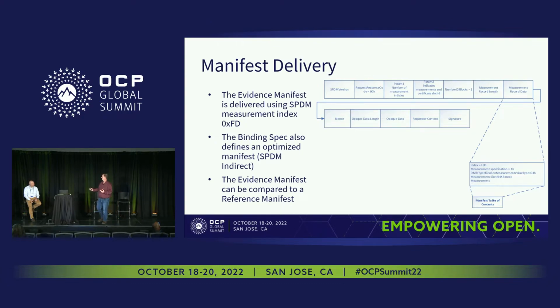Delivery. This was one of the things that we had to figure out when doing the binding spec, was where we were going to actually insert this into the existing SPDM work. Our big goal was to keep it as simple as possible. Really, we didn't want to go upend SPDM just to add these types of things. So there was an existing measurement index that was set aside for delivery of a manifest.